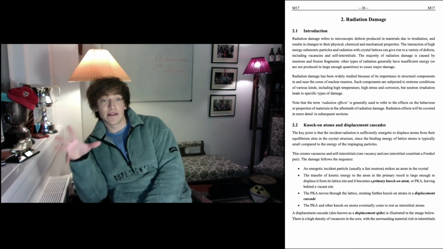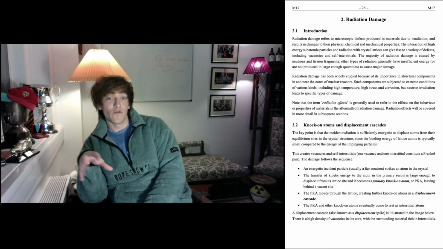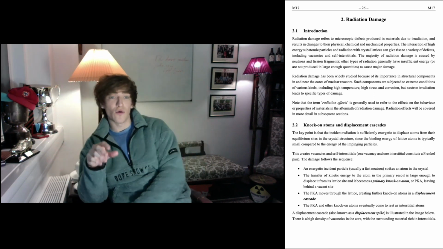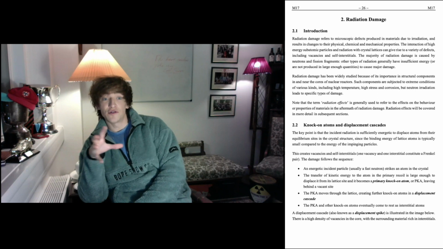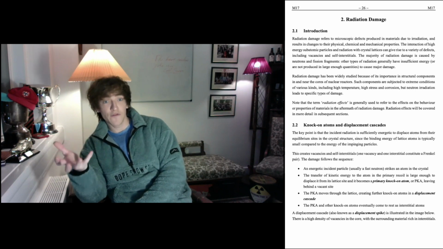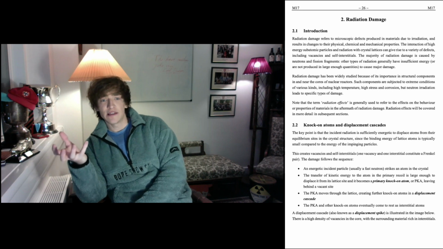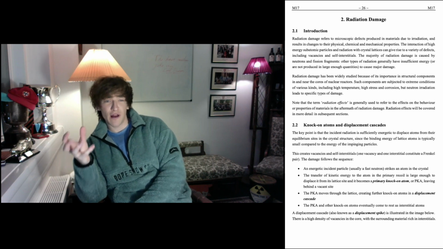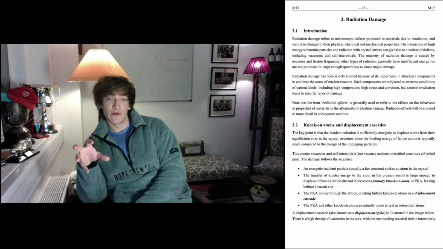Now you can imagine that inside a reactor, with all these fission events throughout the core, there are a lot of neutron collisions with the structural materials in place. And after a lifetime of operation, a material will have been exposed to an incredibly large number of those collisions. So what does each collision do to a material?